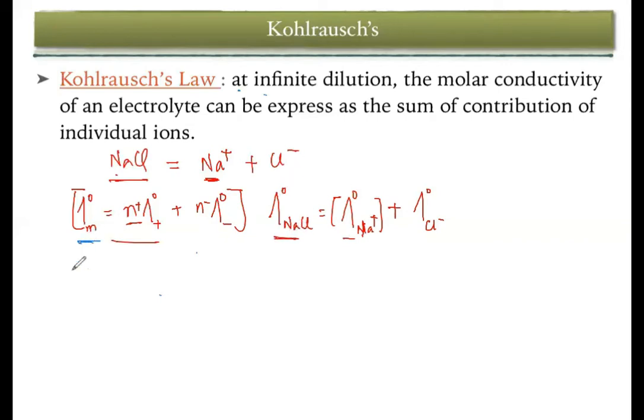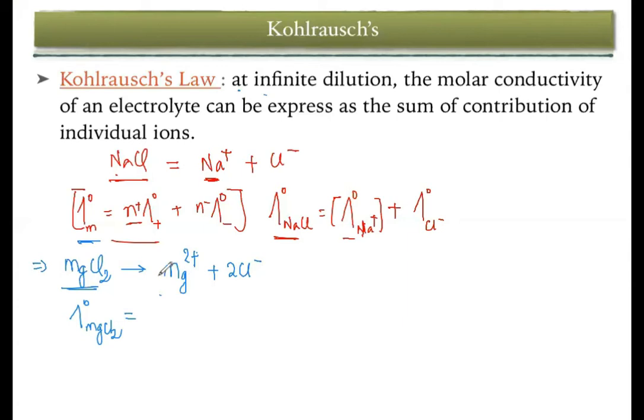Based upon this formula, let us try another one. For example, MgCl2. MgCl2 is a strong electrolyte, so it is easy to find out the infinite dilution of MgCl2. So lambda of MgCl2 at infinite dilution will be, just find out the cation and anion in MgCl2. The cation is Mg2 plus and the anion is 2Cl minus.